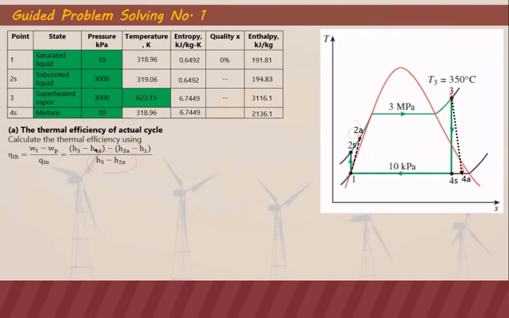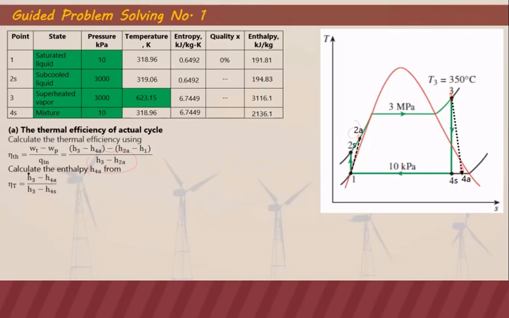Since we do not yet have the actual values of enthalpy at points 4 and 2, we're going to calculate those first. For the actual enthalpy H4A, we can get that from the formula for the isentropic efficiency of the turbine, which is H3 minus H4A over H3 minus H4S.